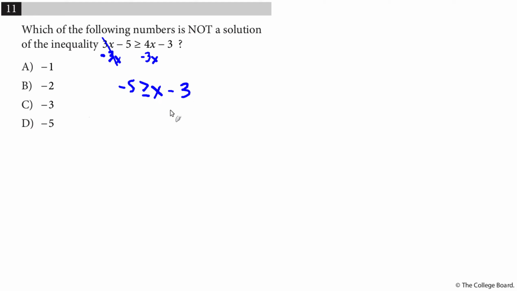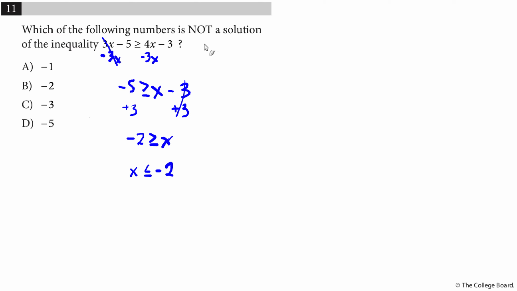And then I will add 3 to both sides, and I will see that negative 2 is greater than or equal to x, or as a lot of people would prefer to see, x is less than or equal to negative 2. So these are the x values that will solve this inequality.